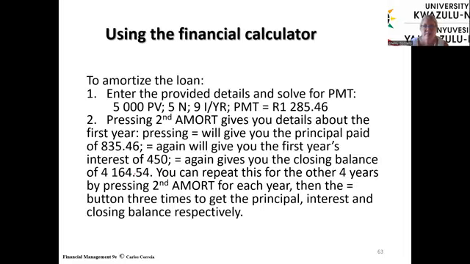And then you press second amort again, and you can repeat the same for the second year, the third year, the fourth year, etc. Each time you press second amort, you're looking at a different year, and by pressing the equal button, you get the principal, the interest, and the closing balance, respectively, for that particular year.